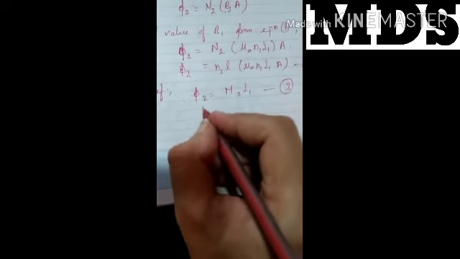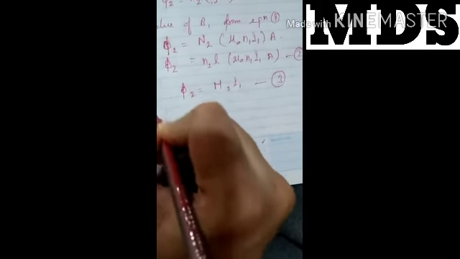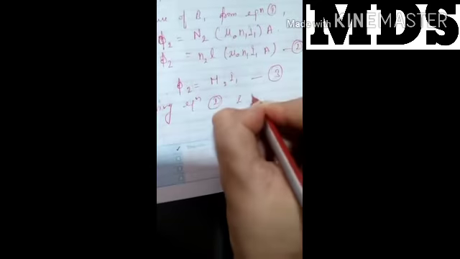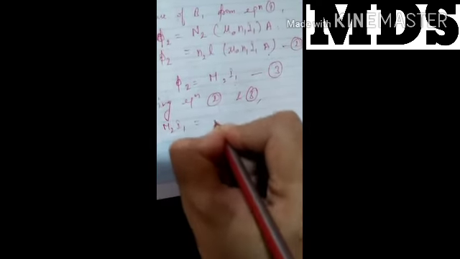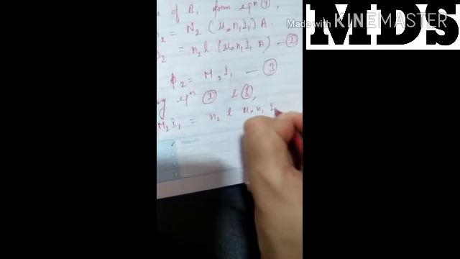Then comparing the second and third equations, phi 2 is equal in both. After comparing, we can write M21 I1 equals N2 mu naught N1 I1 A. Clear?